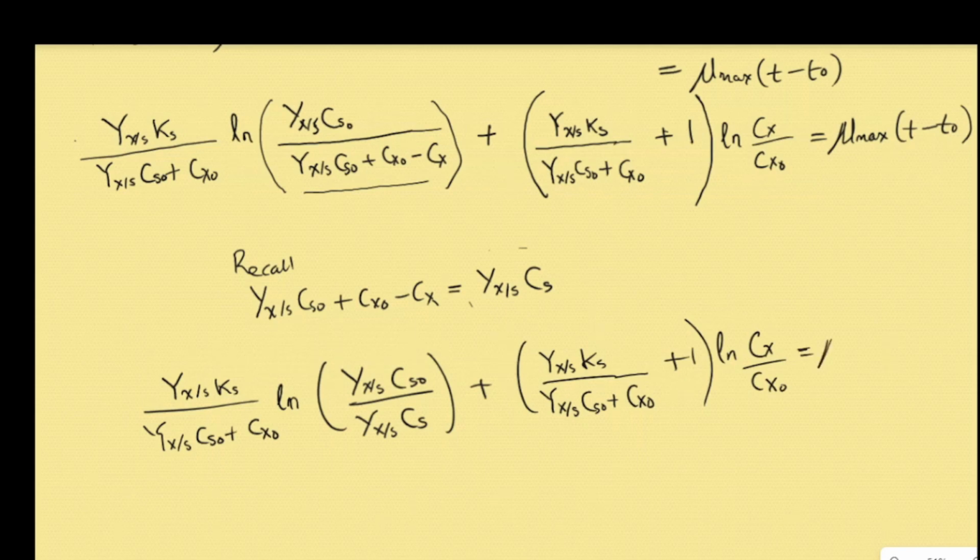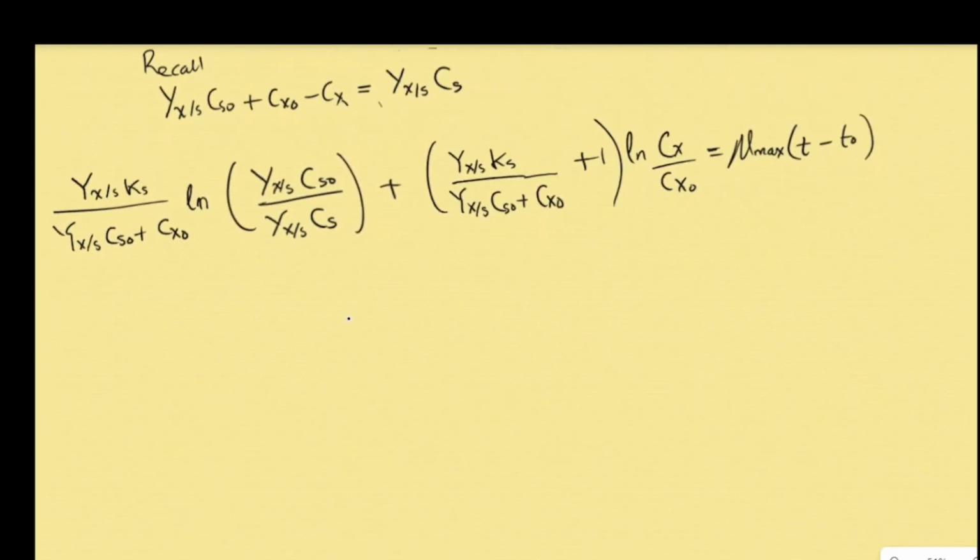So this is equal to mu max into t minus t0. So having written it like this, you can now discover that these two terms can cancel out, and when they cancel out, you can just do some rearrangements, right?